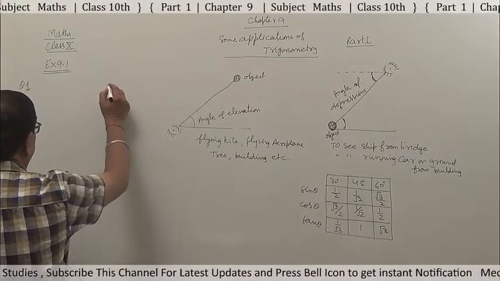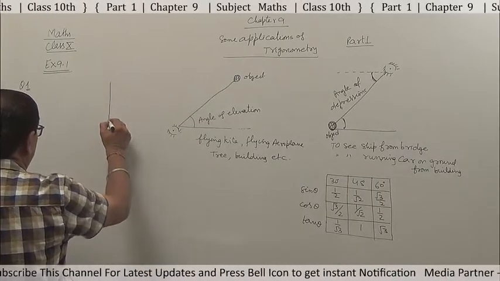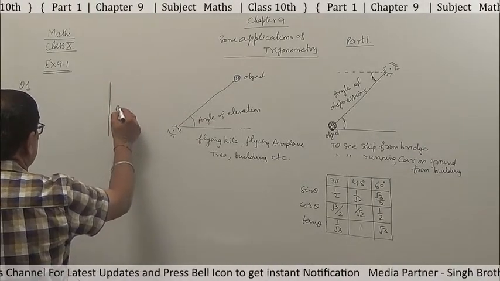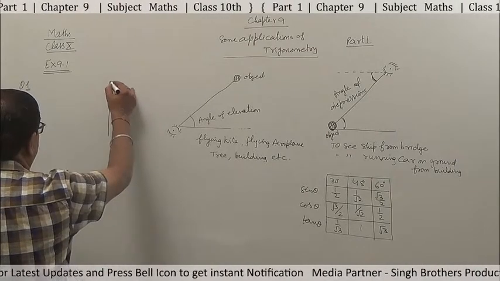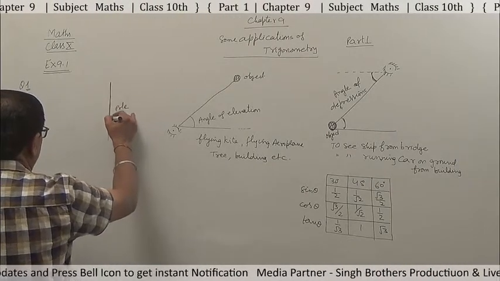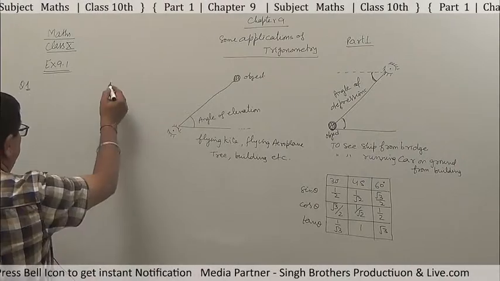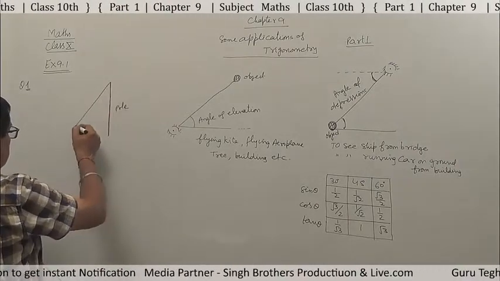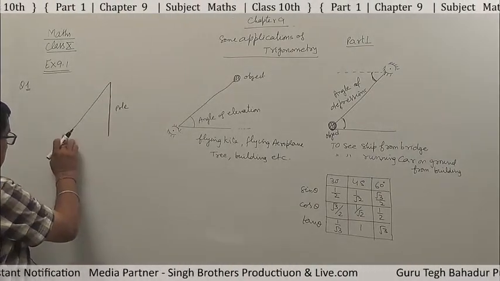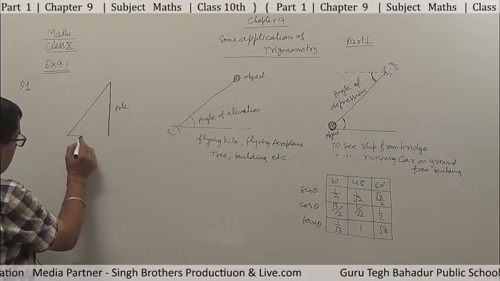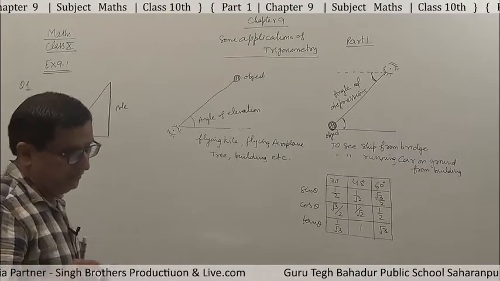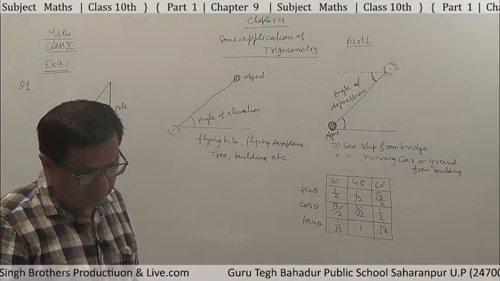This is your vertical pole, this is tied on the ground, and this is a rope, tight rope, which is also tied with the ground.